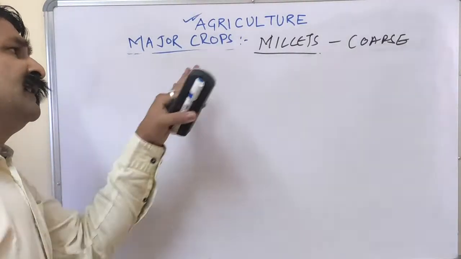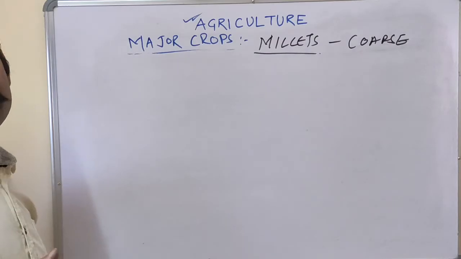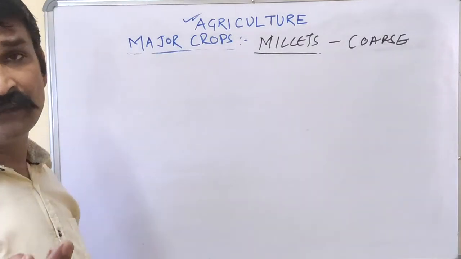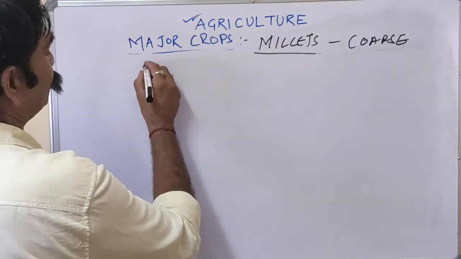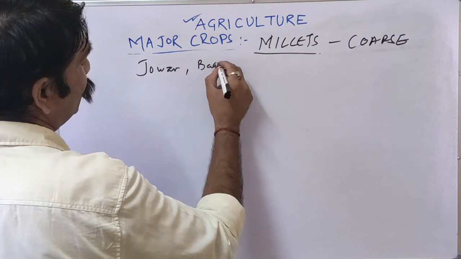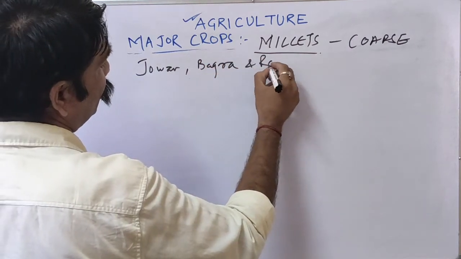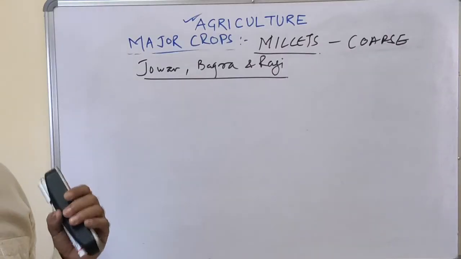Millets are a group of 3 crops: jowar, bajra, ragi. And they require less rainfall.